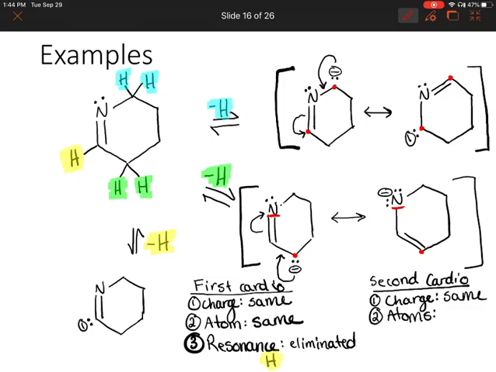So nitrogen is more electronegative than carbon. So we would prefer to have a negative charge on nitrogen, right? So that means that our second structure, where we lost a green hydrogen, is the most stable.